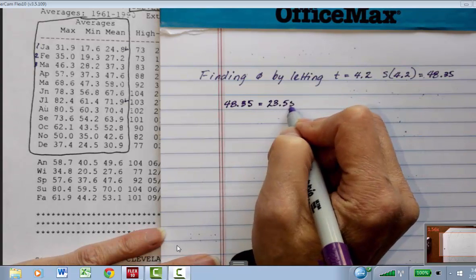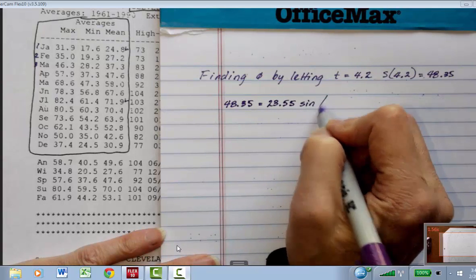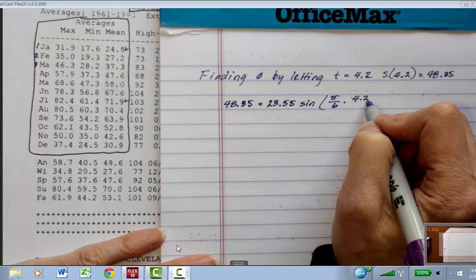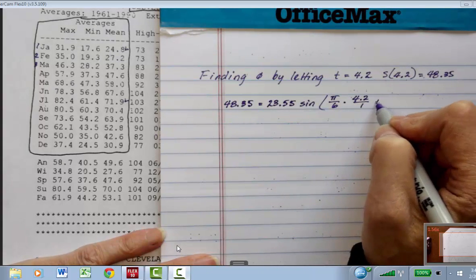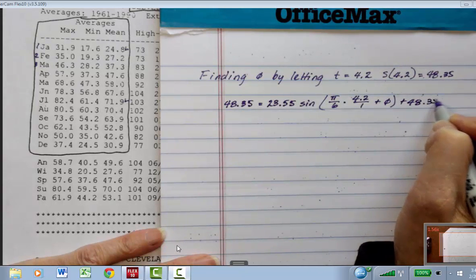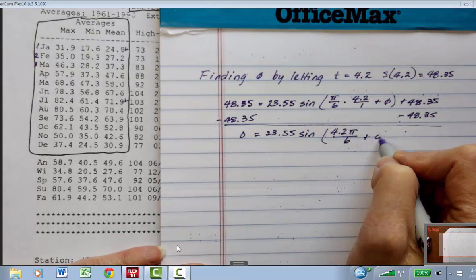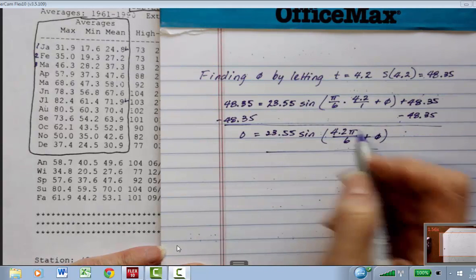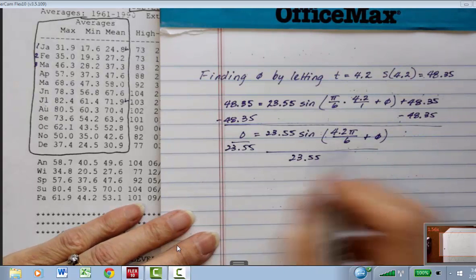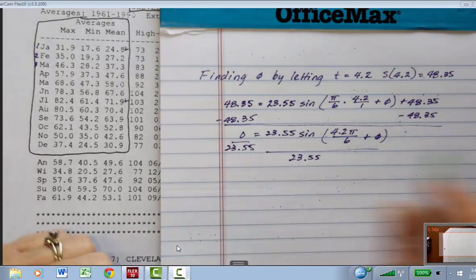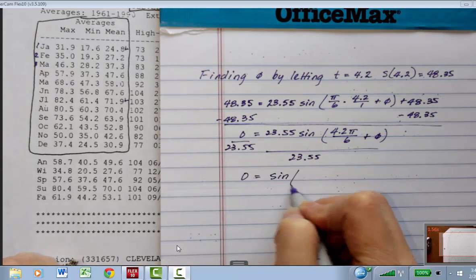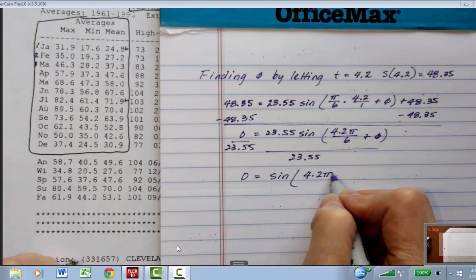And we go through all the algebra again by taking our equation, 48.35, setting it equal to my amplitude, 23.55, sine omega, which is pi over 6, times 4.2 over 1, plus phi, plus 48.35. And solving the whole problem again like we did before, and then dividing by 23.55 on both sides, I end up with 0 equals sine 4.2 pi over 6 plus phi.